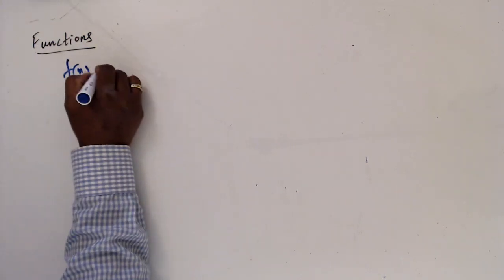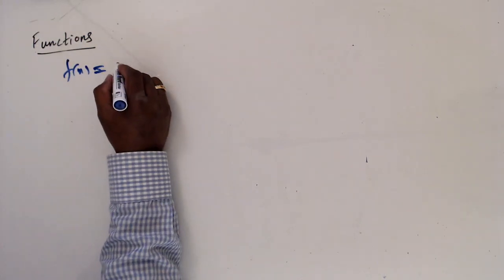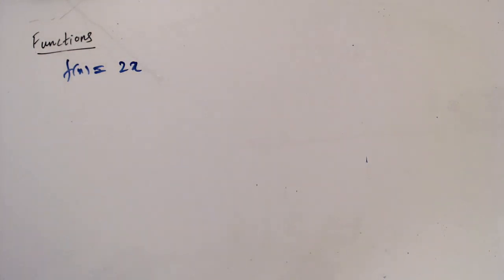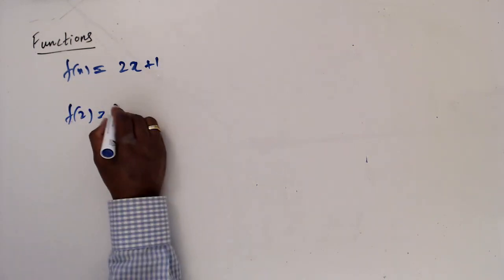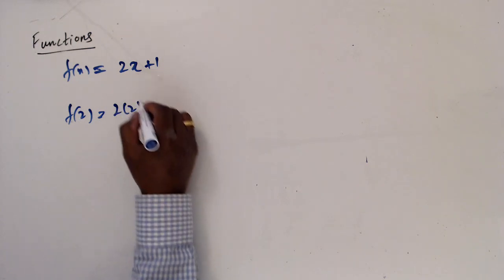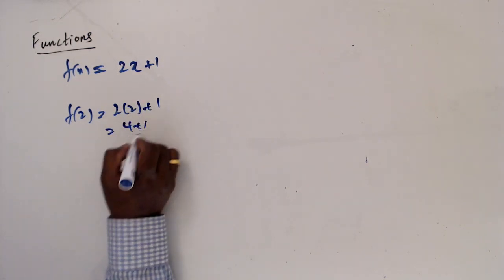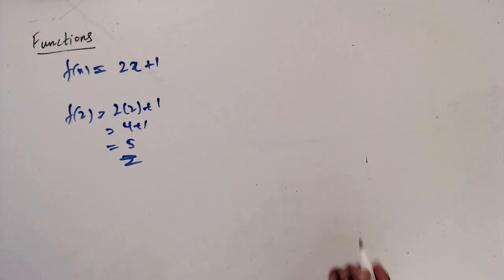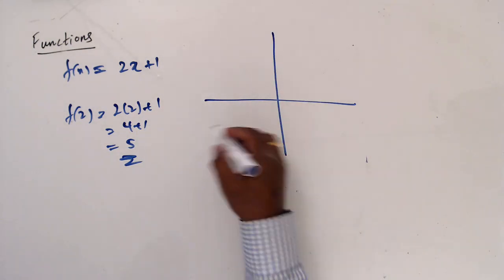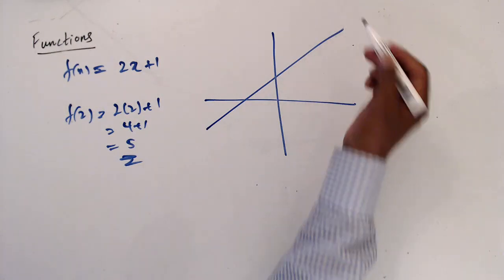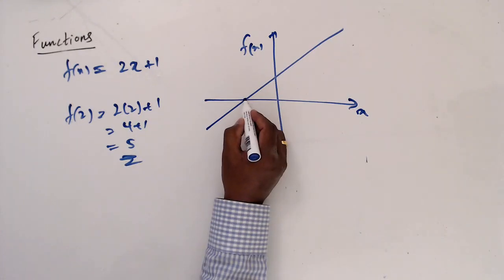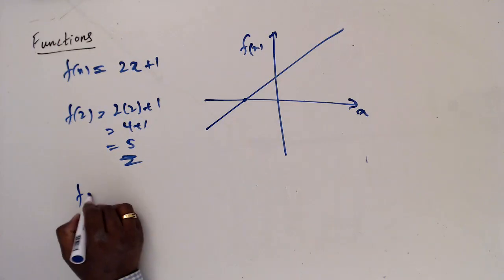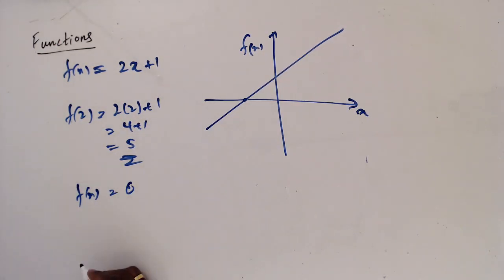This is a function f(x) equal to, let's say, 2x plus 1. If I need to find f(2), we can simply put 2 instead of x: 2 times 2 plus 1, this is 4 plus 1 is 5. And if we need to find the roots, what we need to do is make f(x) equal 0.